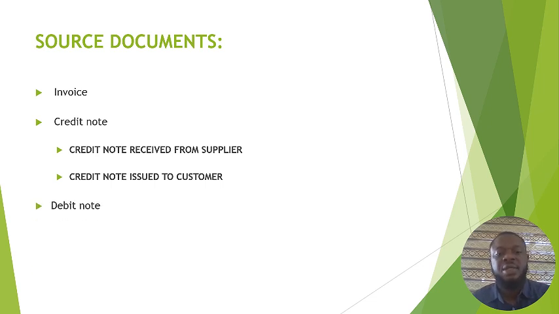We have the debit note. This is a document sent by the seller to the buyer to increase his indebtedness. If the credit note reduces the indebtedness of the buyer, in the case of a debit note, it increases the indebtedness of the buyer. This could be due to undercharge, or when goods are not charged on the invoice.